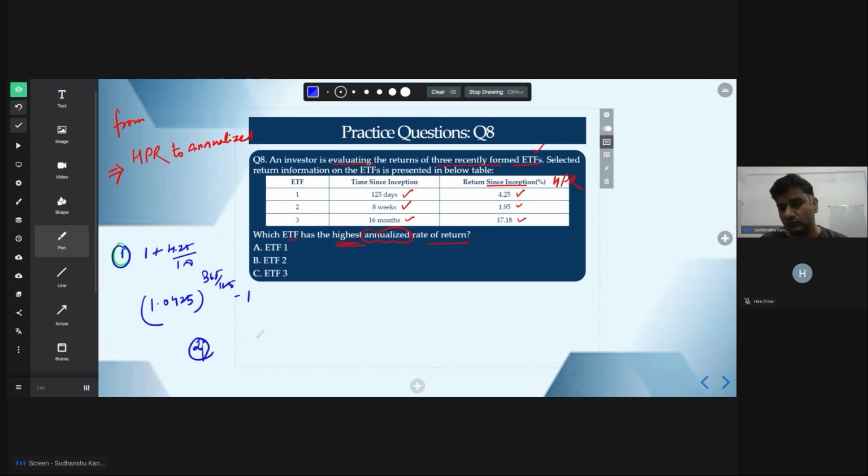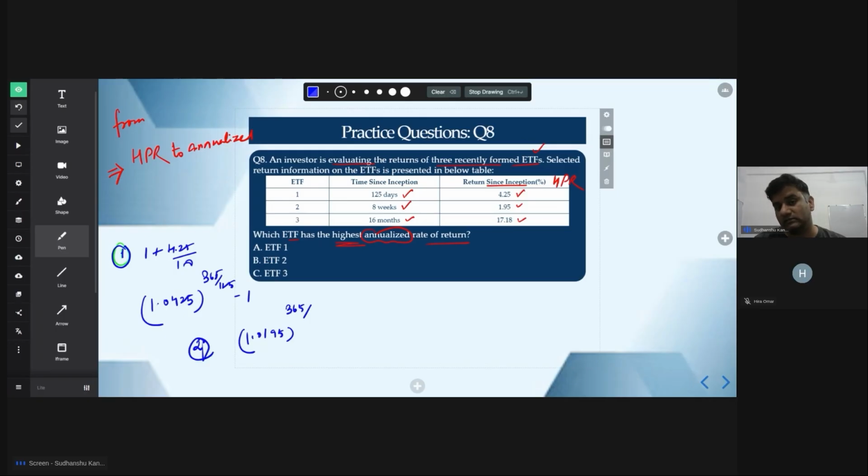Second one, again same thing, 1.0195, I have added 1.95%. Again 365 on the top. In the denominator, 8 weeks, you have to see the convention. What should I use for 8 weeks? Should I use 8 into 7, 56?